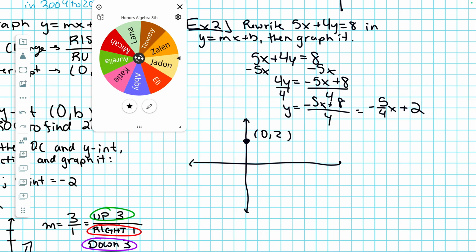My rate of change is negative 5/4. So because of how I've drawn my graph, I'm going to go down 5, right 4. Down 5. 1, 2, 3, 4, 5 over 4. 1, 2, 3, 4. So this point is going to be 4, negative 3.